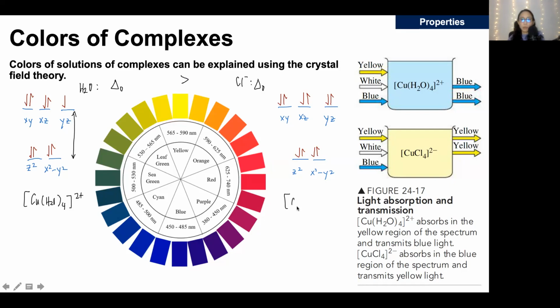And this is for the tetrachloro. Okay? This has a larger energy gap. So how can we explain why tetraaquacopper 2 is color blue while tetrachlorocuprate 2 is color yellow?